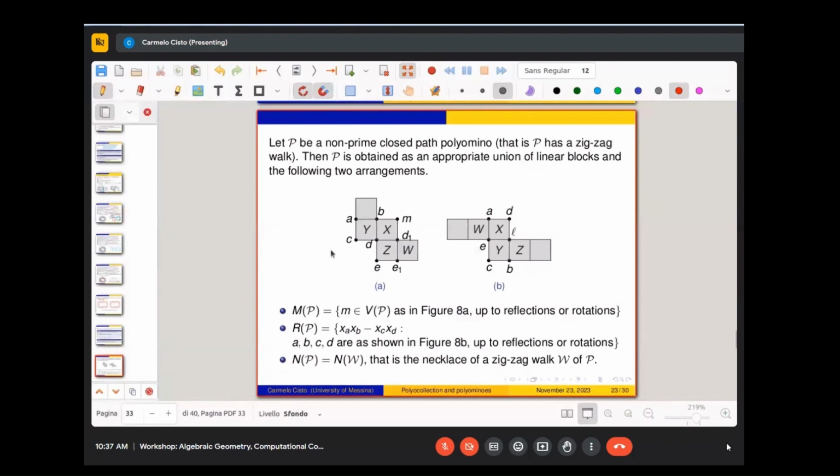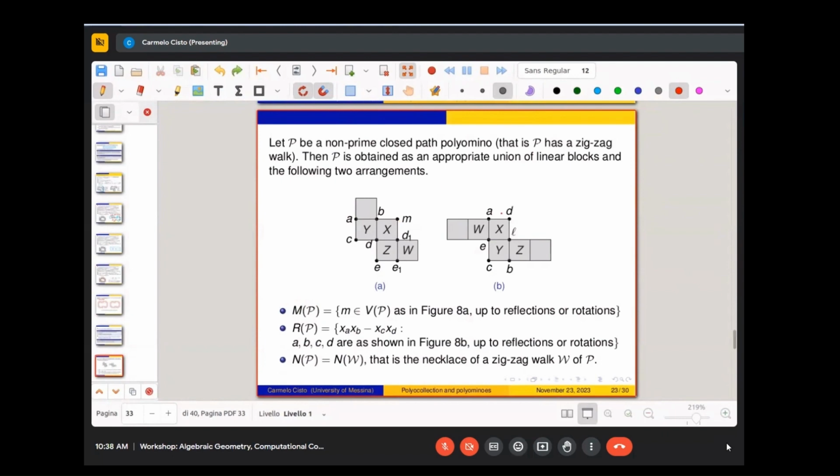So we identify some vertices and binomials. In particular, we identify the set M of P, that is the set of all vertices like this one, appearing in all sub-configurations of the closed path, up to rotation or reflection. The set of all vertices of this kind is the set M of P.